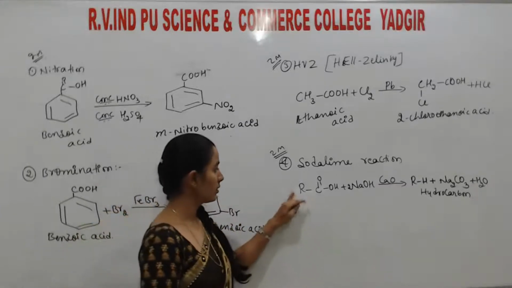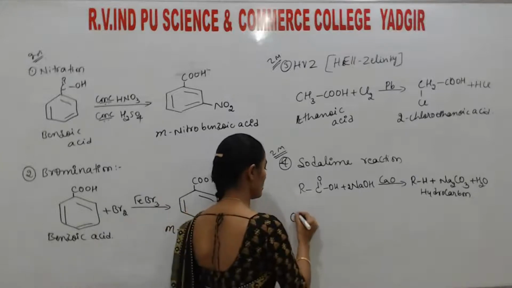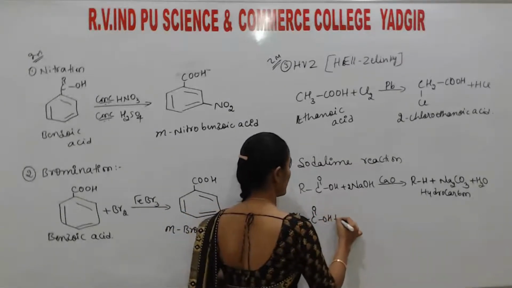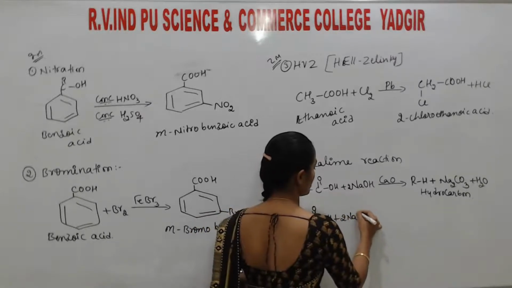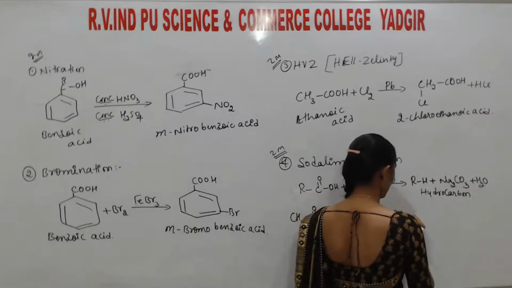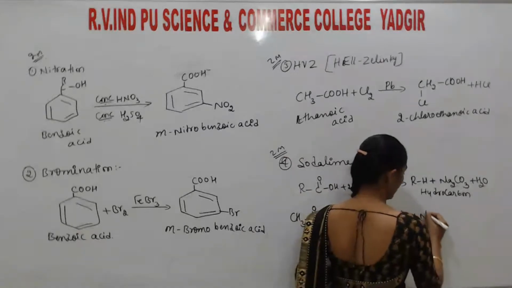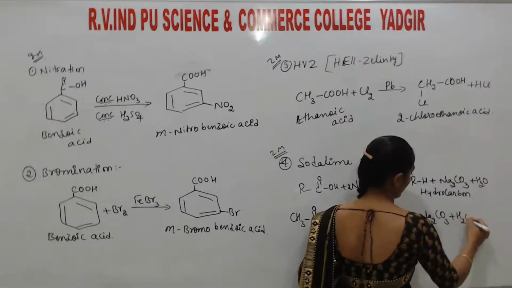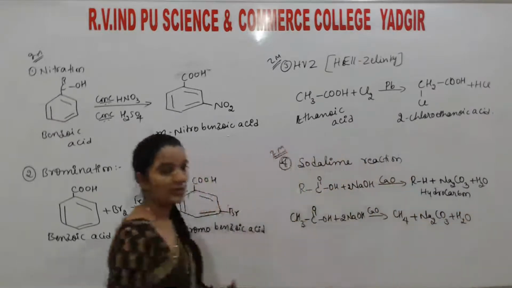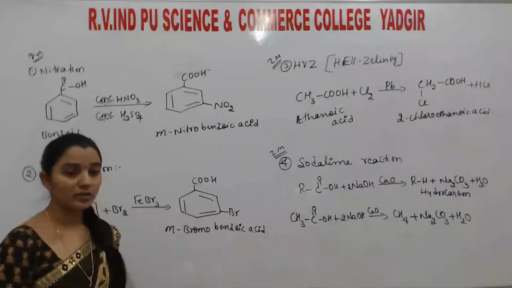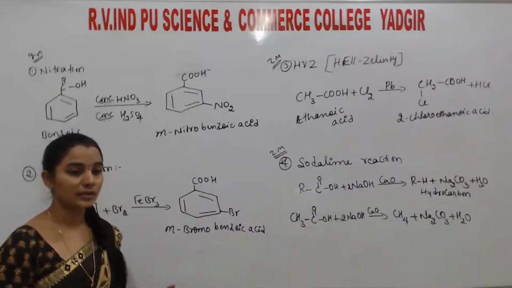So this is the soda-lime reaction. In the place of this, you take CH3COOH plus NaOH, in the presence of CaO, you get CH4 plus Na2CO3 plus H2O. This is the soda-lime reaction. So this is about the reactions of carboxylic acids.